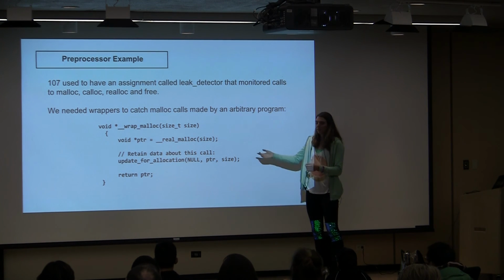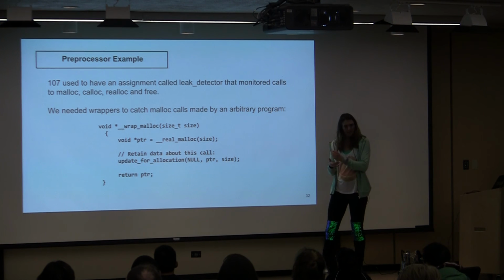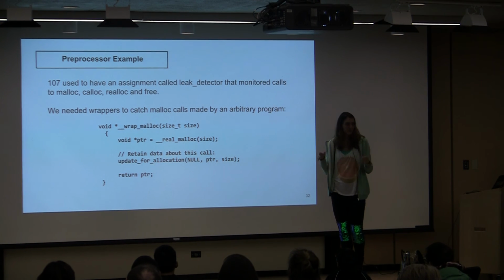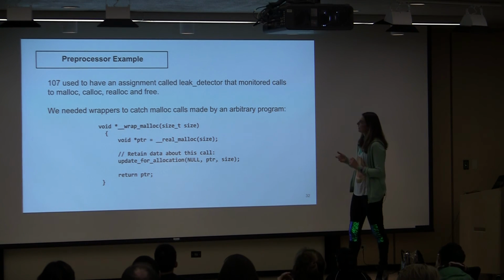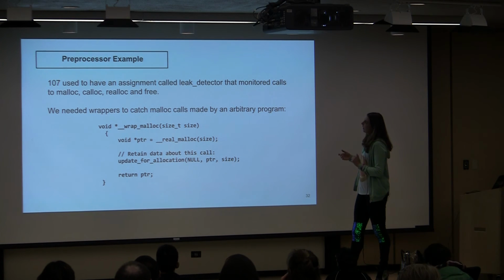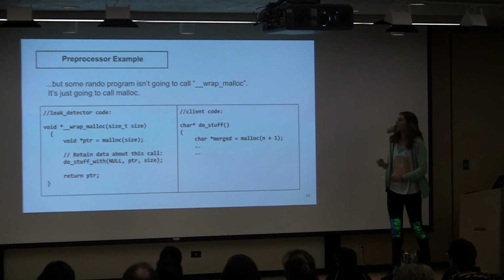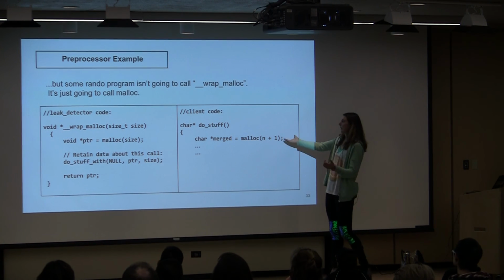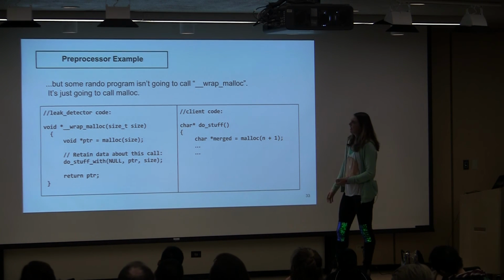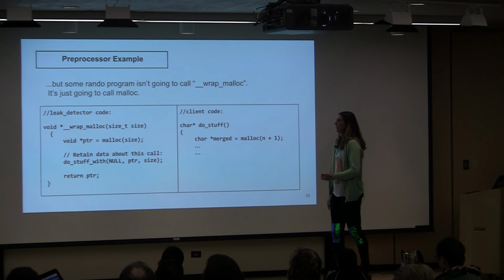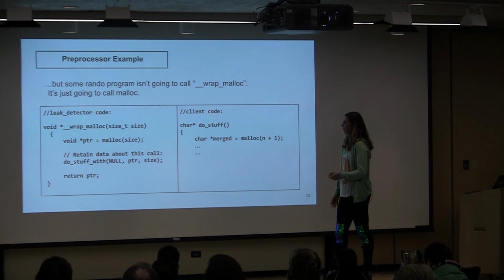This is the function that keeps tabs and says, okay, the client called malloc once for this size, and we'll keep the pointer and make sure they free that. So here, client code does whatever it does, and our leak detector code is going to watch it.